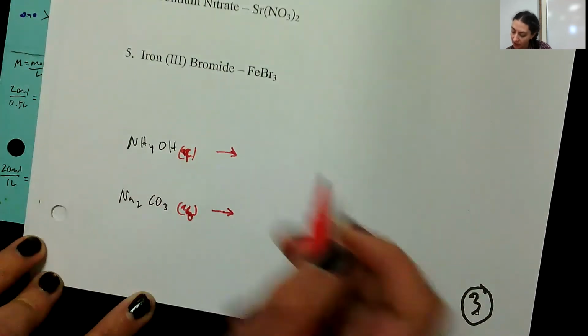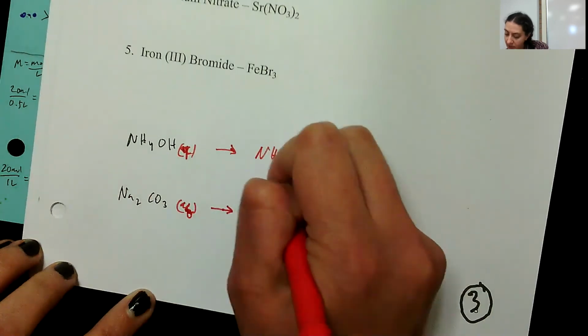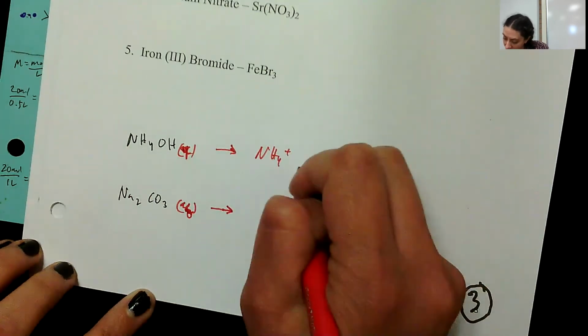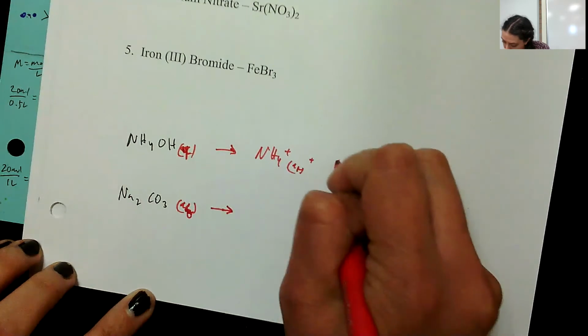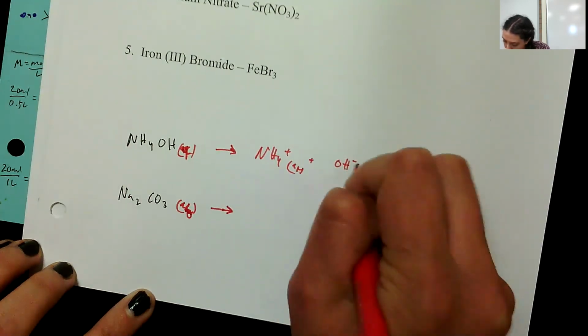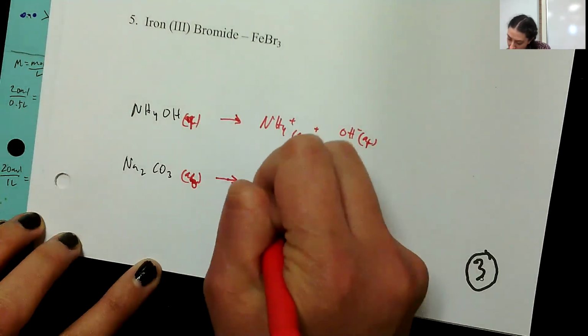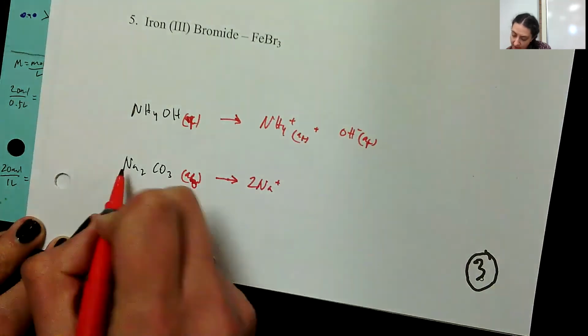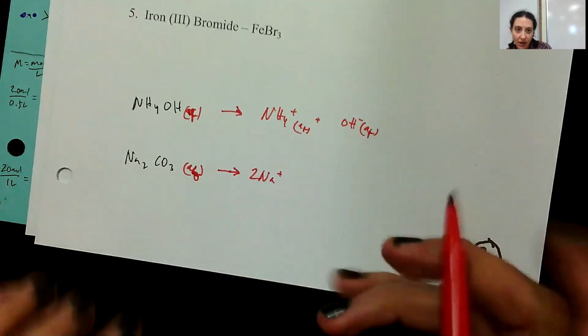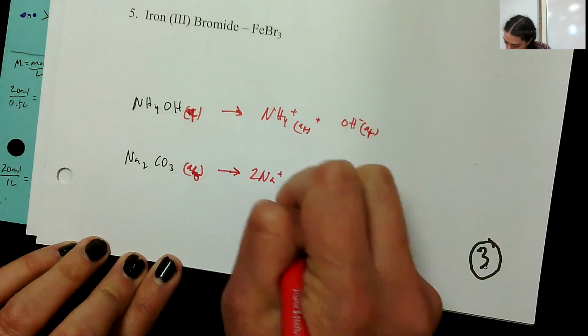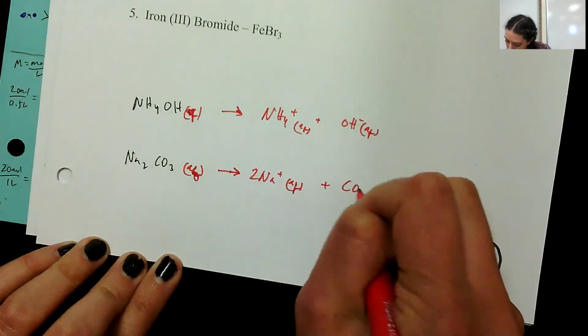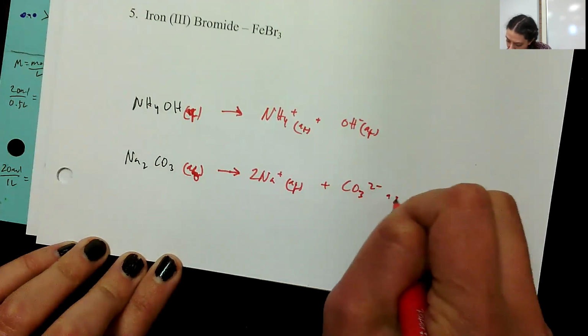So when they dissolve, you're going to split it up into the two ions that are both going to be aqueous. So that's that. With the sodium, there's going to be two of them because of that 2 here, they're both going to split off separately. And the carbonate is going to be a 2-, and that's also aqueous.